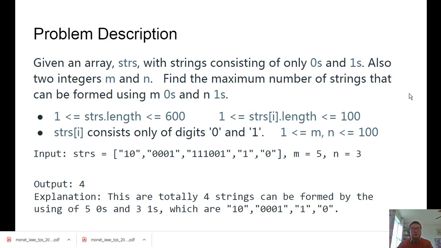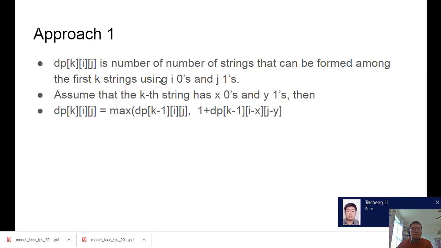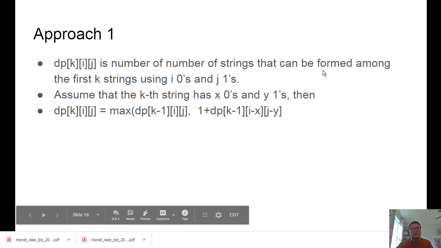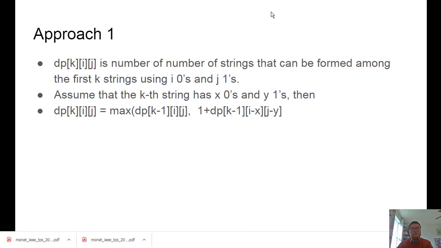I encourage you to write down the DP relations, the definition of what you want your DP state to be, and the recursive relation, and basically solve it. So the first approach is the more standard one.